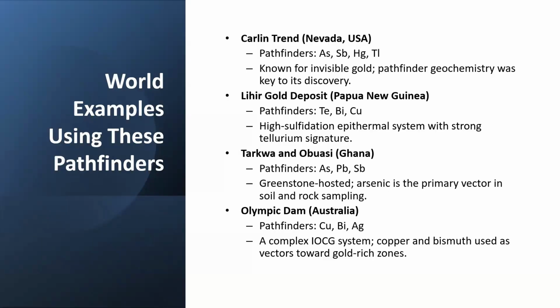But if you go out of Nigeria, looking at some other world-class deposits, some examples of pathfinders are listed here. That of the US, the same thing, arsenic. Now, if you look at all of them, you can find out that something is too common. The arsenic, the copper is very common. The bismuth is common.